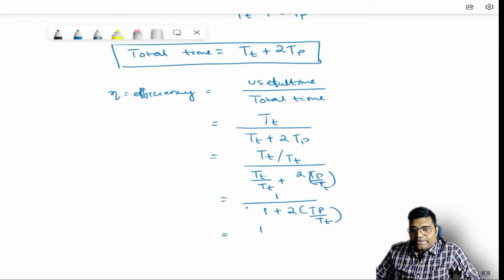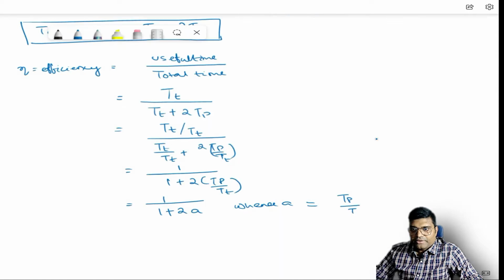We can write it as 1 upon 1 plus 2A, where A is equal to TP divided by Tt. So efficiency is equal to 1 upon 1 plus 2A, where A equals TP divided by Tt.